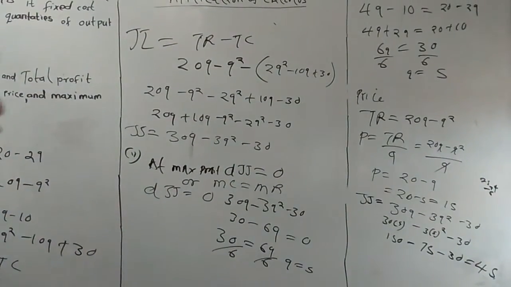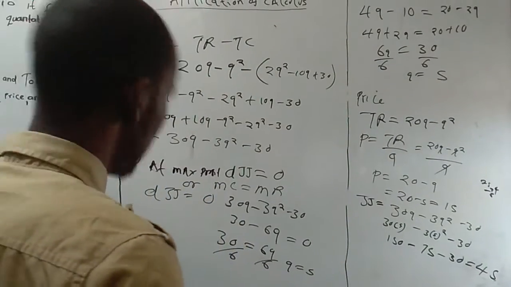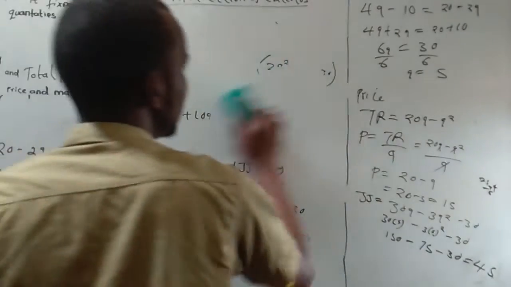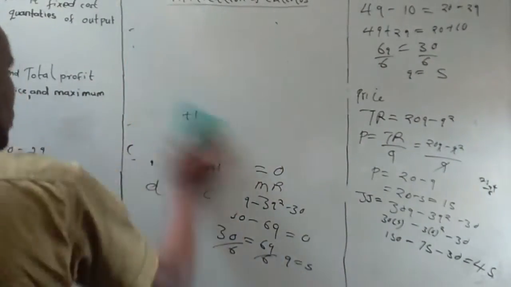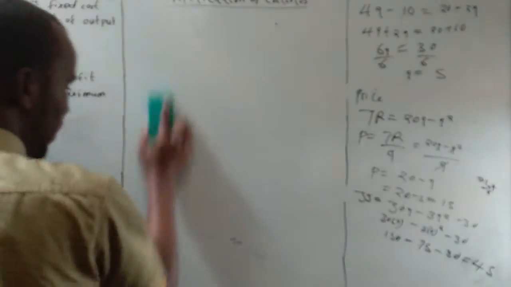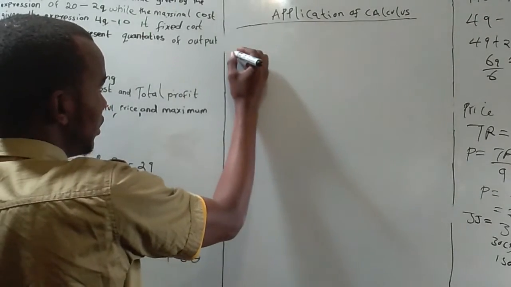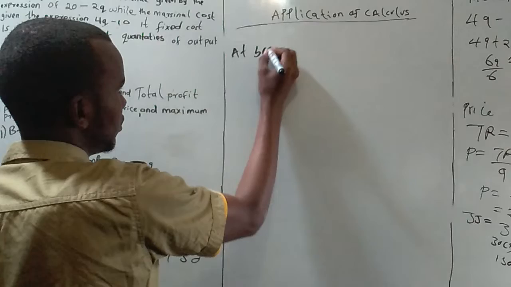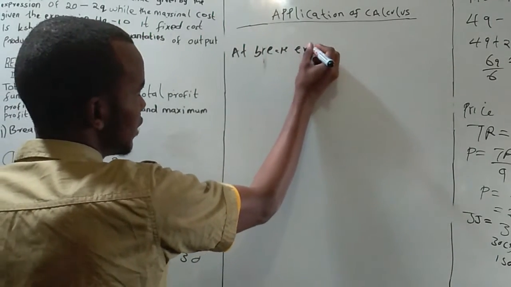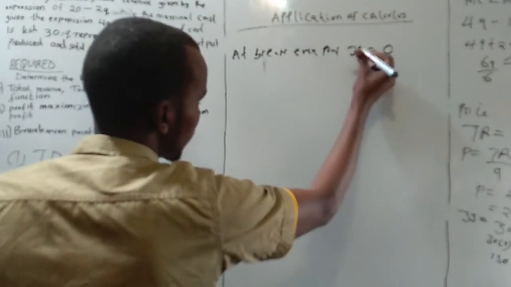Lastly, we are asked about the break-even point. Remember, at the break-even point, profit is equal to 0.